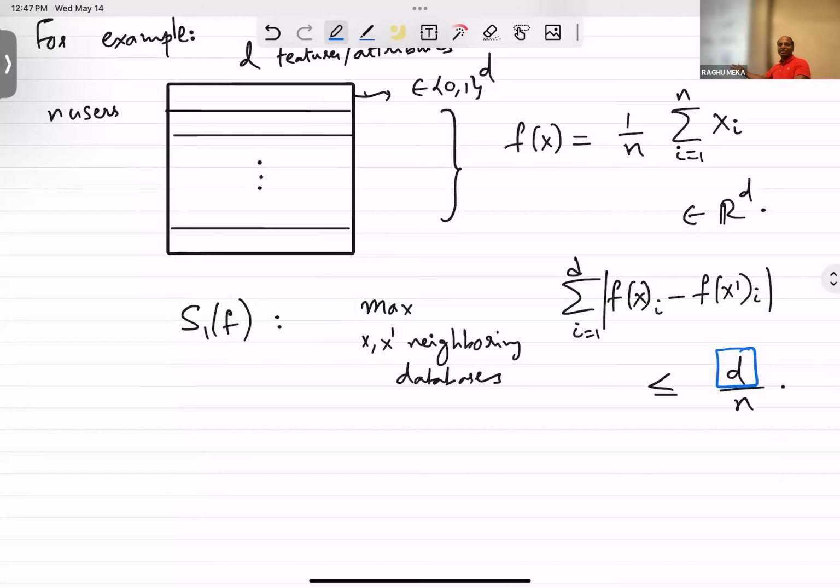So that means if I were to use the Laplacian mechanism, I need to add noise which is growing with the dimension linearly.